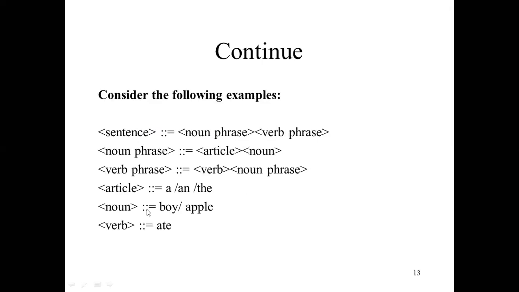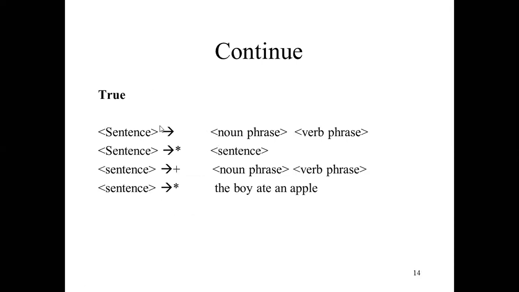You can check from here: sentence, noun phrase, verb phrase. Because you are getting it in one step, we can break our sentence in only one step as noun phrase, verb phrase.